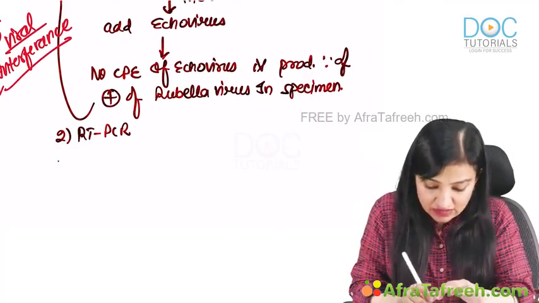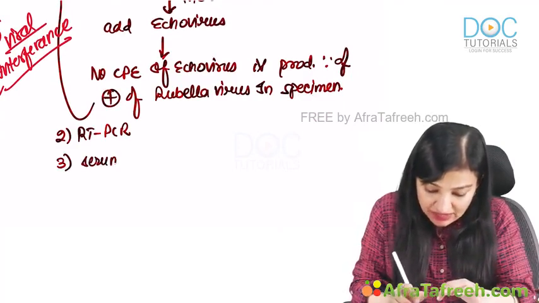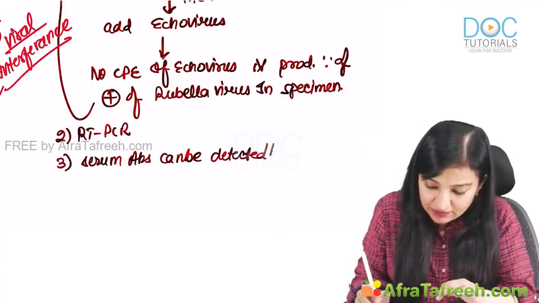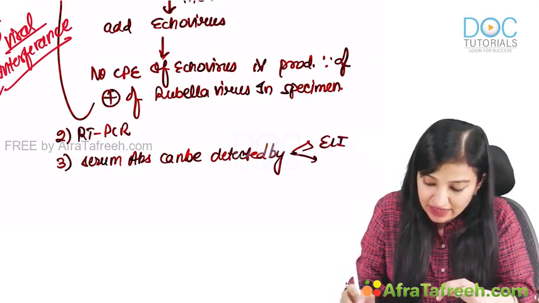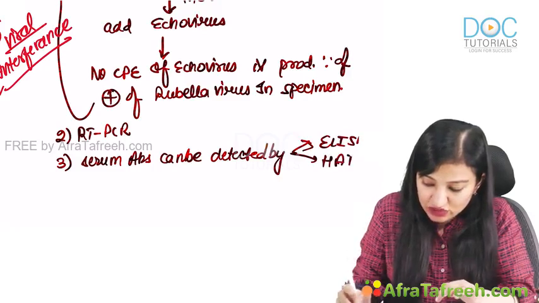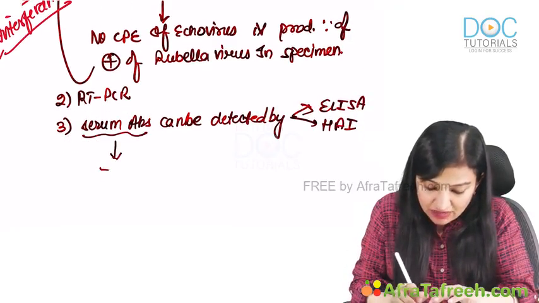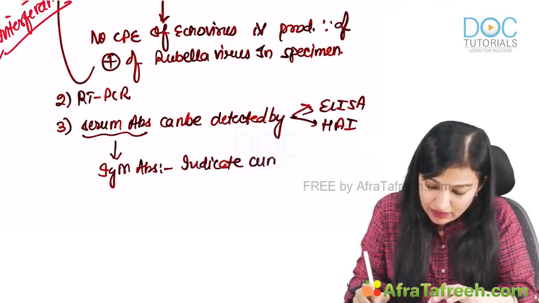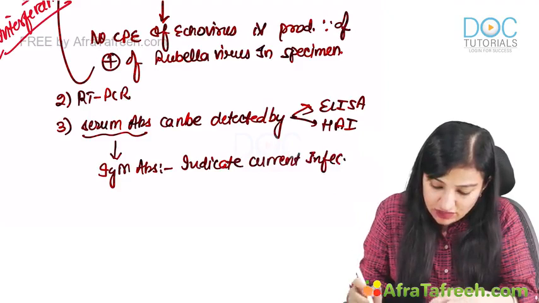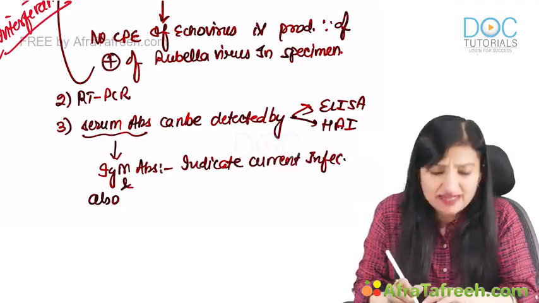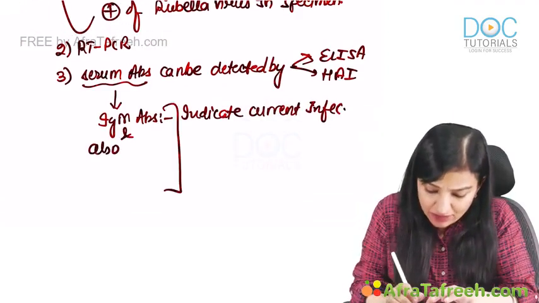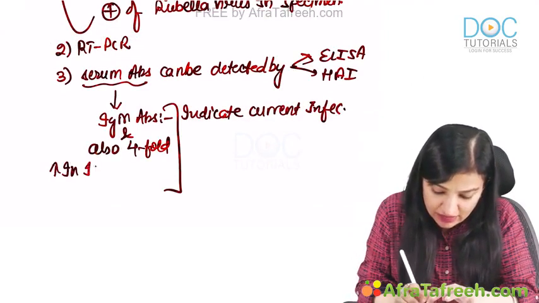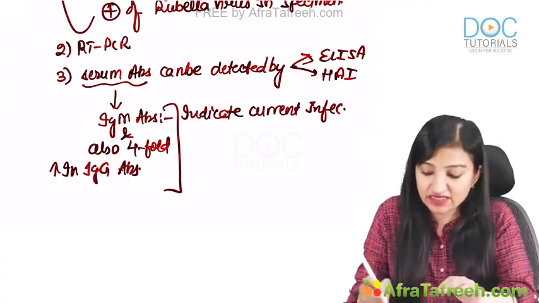It's an RNA virus. Then number 3, serum antibodies. Serum antibodies can be detected by ELISA or hemagglutination inhibition. Remember, IgM antibodies indicate current infection, and a fourfold increase in IgG antibodies also indicates current infection.